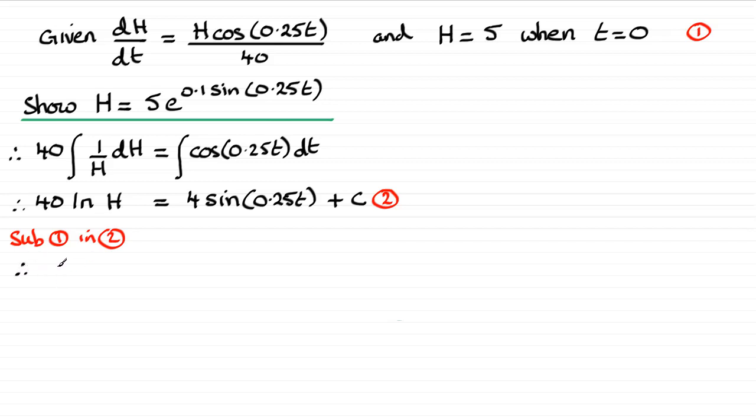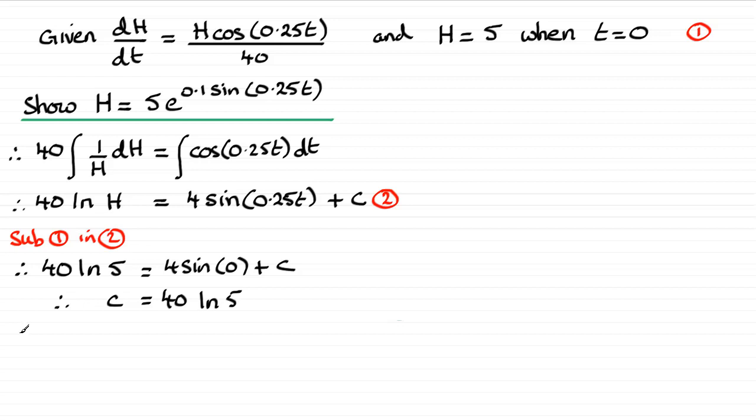So if we do that, we therefore got 40 times the natural log of h, which is now 5, okay, and we get 4 times the sine of 0 plus that constant of integration plus c. Well, the sine of 0 is 0, so that means that we're therefore left with c equaling 40 times the natural log of 5.